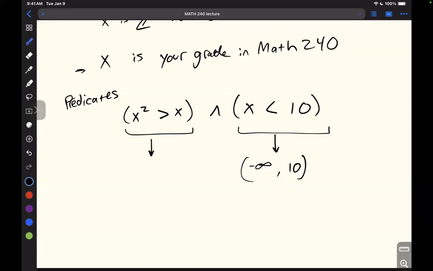What about for x squared to be greater than x? Under what conditions is that true? X is not equal to 0. X is greater than 1 or x is less than -1.